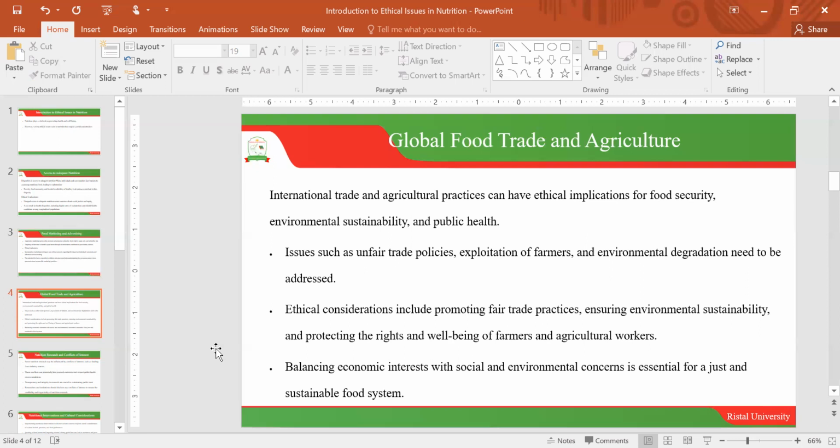Those of you who are familiar with global news, you might have realized that the cost of wheat increased globally because Ukraine was at war. So, including other foods.